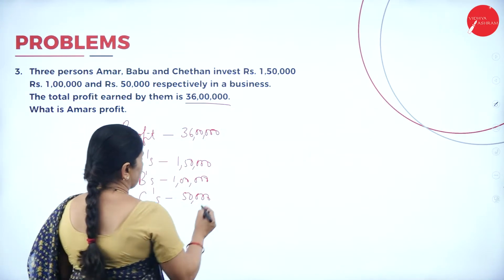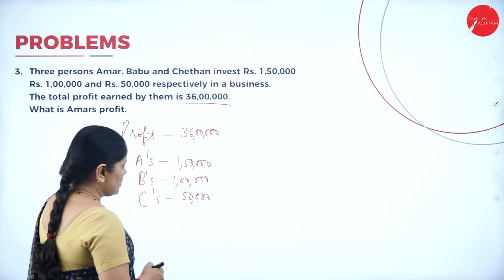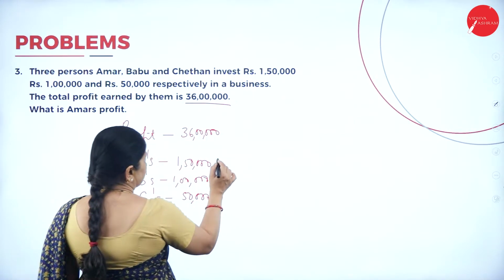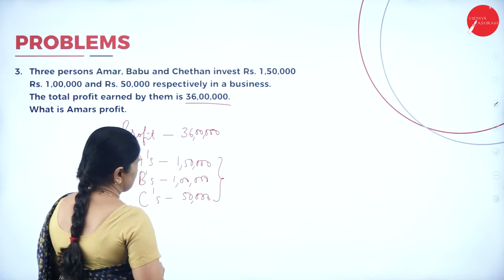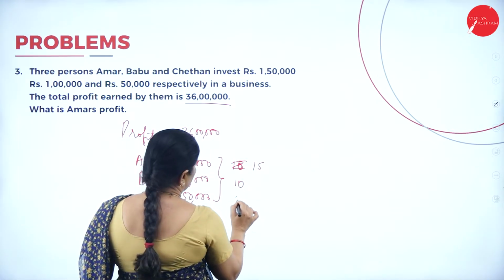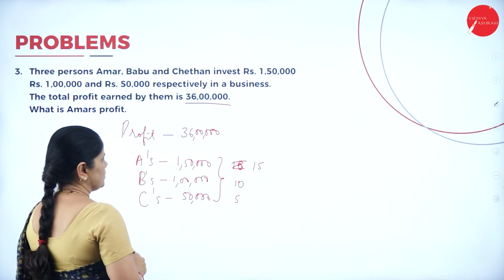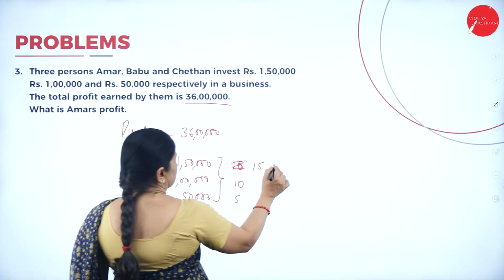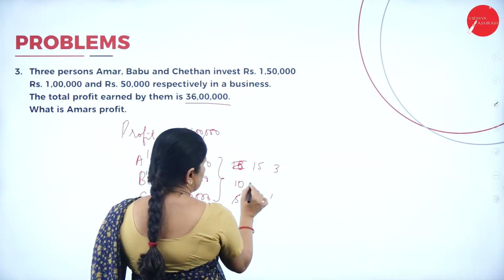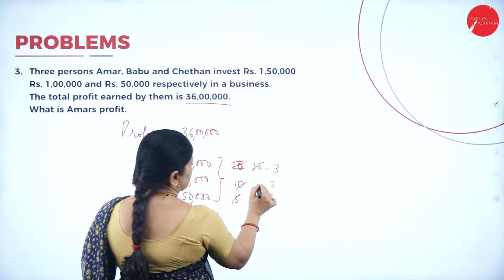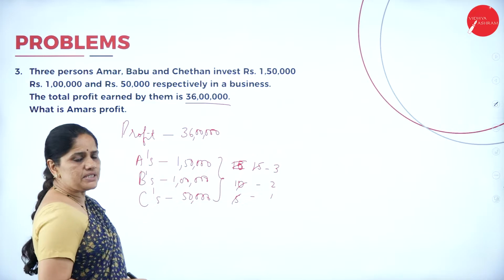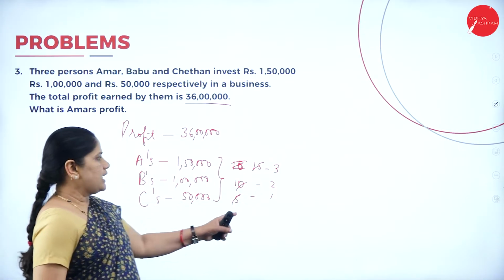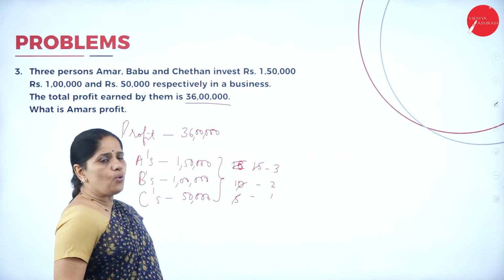When we simplify this, we will get 15, 10 and 5. In other words, 5 3s are 15, 5 2s are 10, 5 1s are 5. So, they are all multiples of 5, and I can write it as 3:2:1.